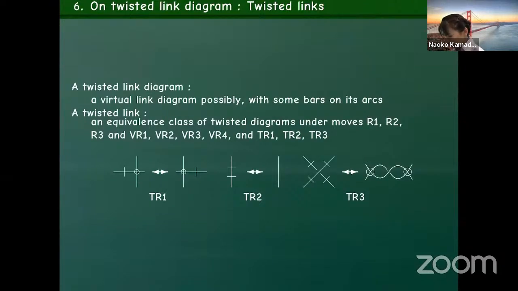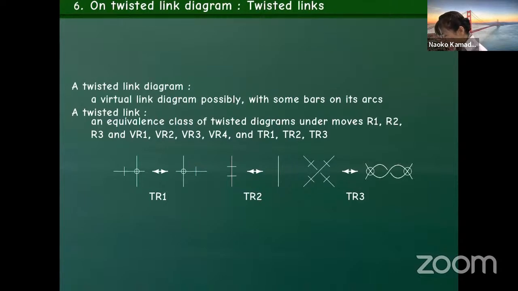A twisted link diagram is a virtual link diagram, possibly with some bars on its arcs. And a twisted link is an equivalence class of twisted link diagrams under moves R1, R2, R3, VR1, VR2, VR3, VR4, and not WR, and TR1, TR2, TR3.